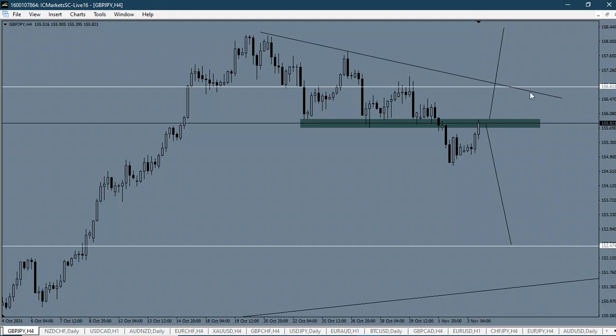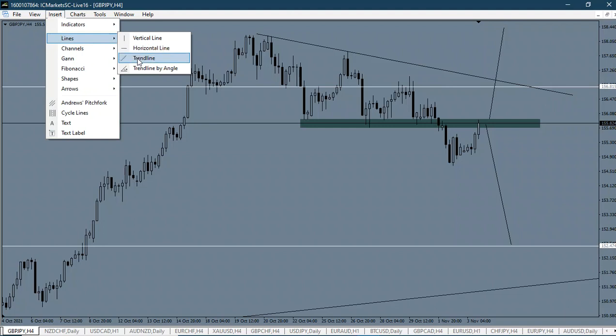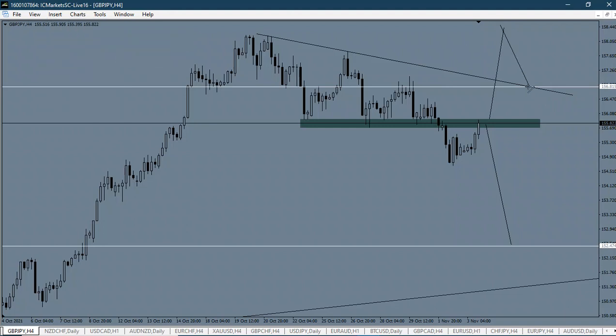In order to look for buys in this situation, we'll be expecting for price to cross this trend line, retest this resistance zone, which will be now our support, to push towards the upside.